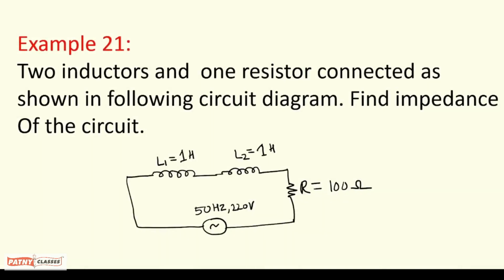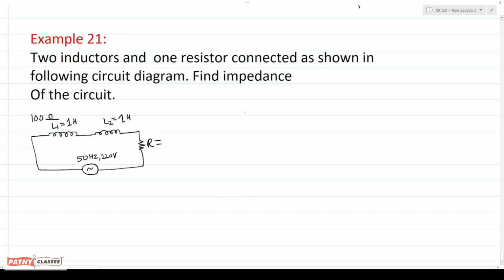Example 21. Two inductors and one resistor are connected as shown in the following circuit diagram. Find the impedance of the circuit. Here the inductors are connected in series. Call them L1 and L2. They are connected in series.